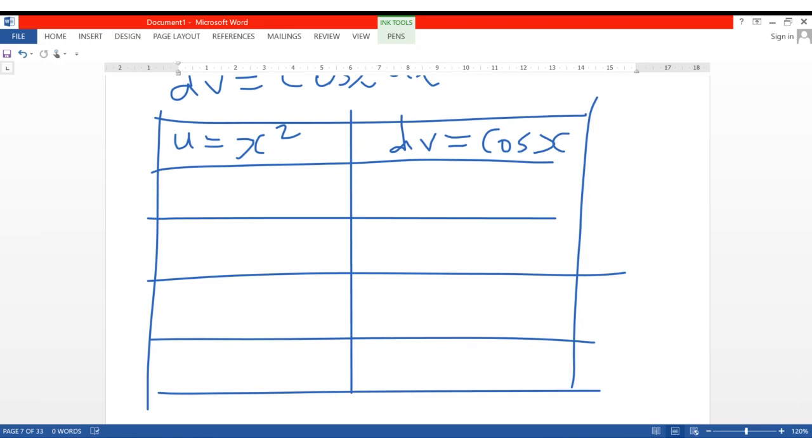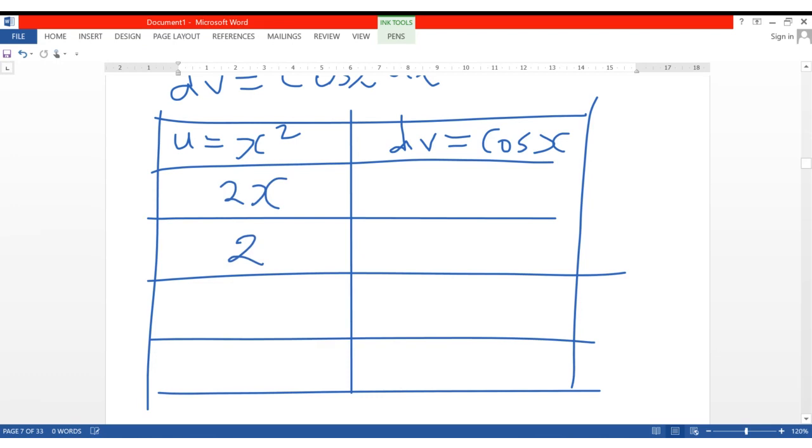When I differentiate x squared, what do you think I'll get? The u we always differentiate, the dv we always integrate, because I want a v. Duncan, thank you. You'll get 2x. Again, I'll differentiate another time. You continue differentiating until you get 0. When you differentiate 2x, you'll get 2.